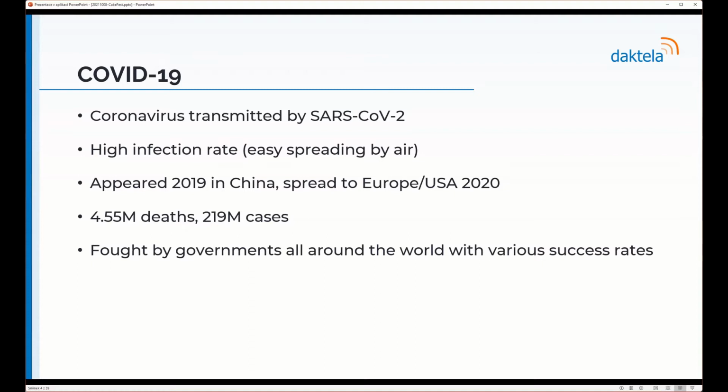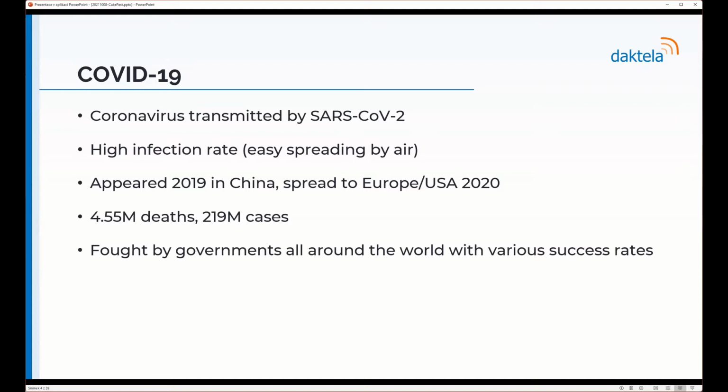It's called COVID-19 because it appeared in the year 2019, first in China, and in spring 2020 it spread to Europe and USA, which is the period when we also got involved in this activity. And as of now, the statistics show that there have been around 4.5 million deaths already and more than 200 million cases. So it's something that has a really high impact all over the world.